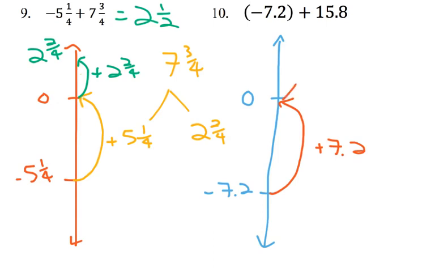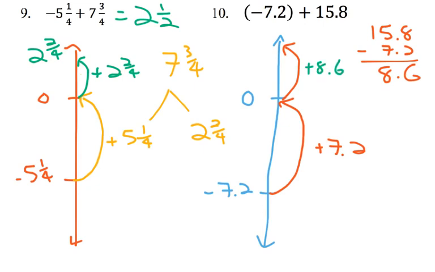And to figure out how much I have left to go up, I could do 15 8/10 minus 7 2/10, which should give you 8 6/10. So that's the last amount that we're going to go up by. And we're at 0, and we go up 8 6/10. And that's where we would end up.